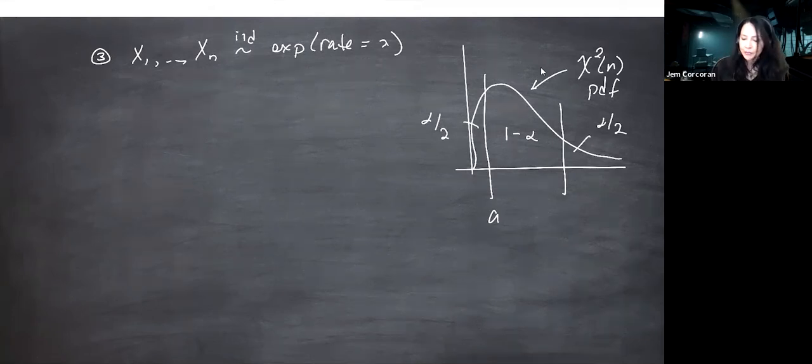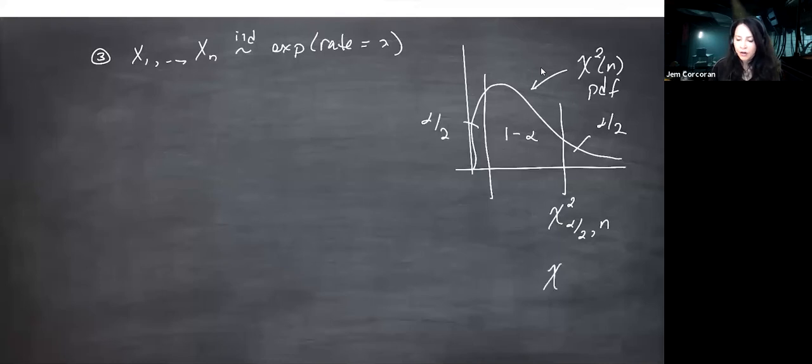But if you want to get on board with the critical value notation, this right value is usually called chi-squared sub alpha over 2. And then we need something that tells us what degrees of freedom this depends on. So either a comma n or a chi-squared alpha over 2 of n. It's not completely universal that the alpha over 2 subscript is the area to the right.